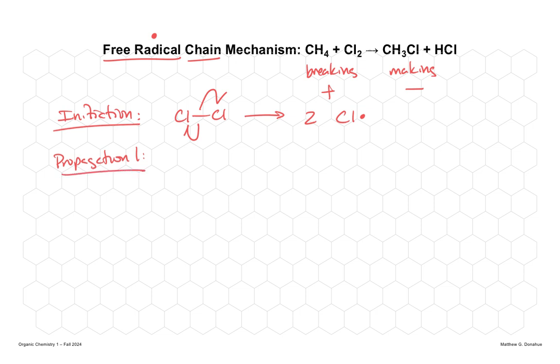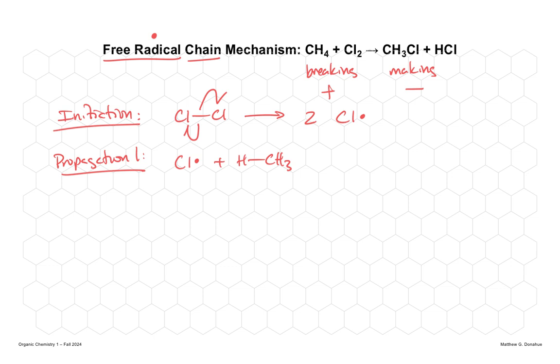Then the next thing that happens in the chain, that chlorine radical comes along and it's going to abstract a hydrogen atom. And since we're dealing with just methane, you don't really have a choice because it's a uniqueness set of 1.